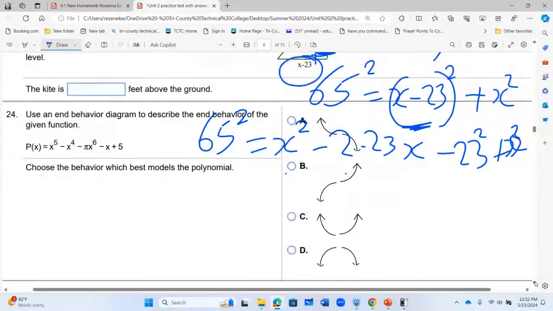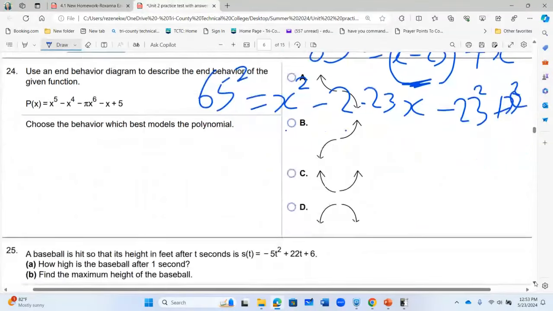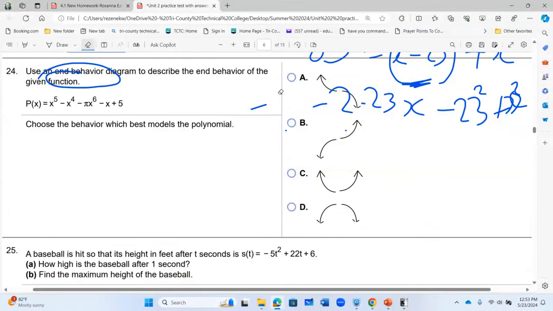All right, so we just looked at maximum and minimum. The next thing we want to talk about is end behavior. What are the end behaviors of a large degree polynomial? This one is a fifth degree polynomial. So how do we expect it to behave?